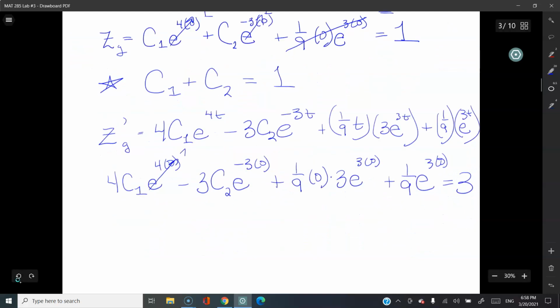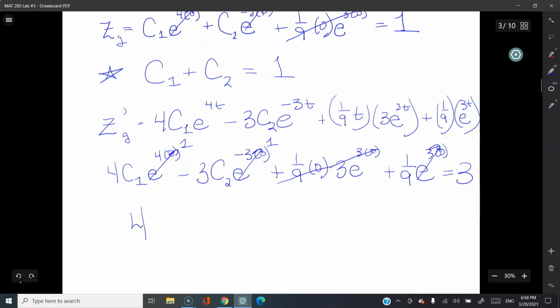Remember, e to the 0 is equal to 1. This has a multiply by 0 in it, so it's going to zero out. e to the 0 is equal to 1. And what we're left with from this equation is that 4c1 minus 3c2 plus 1/9 is equal to 3.